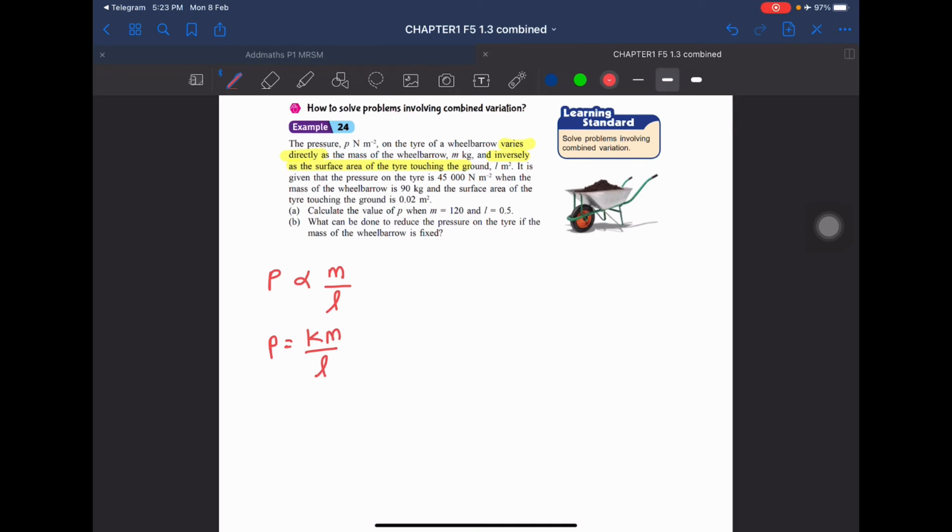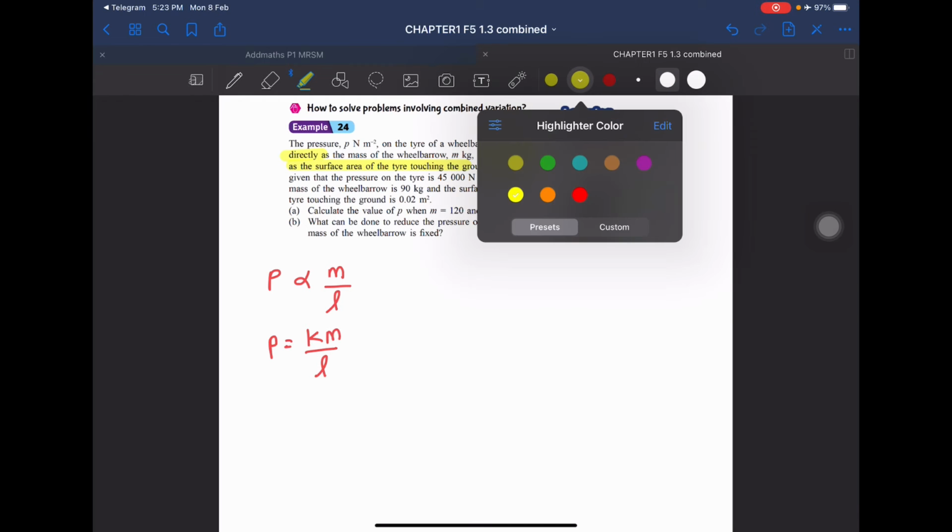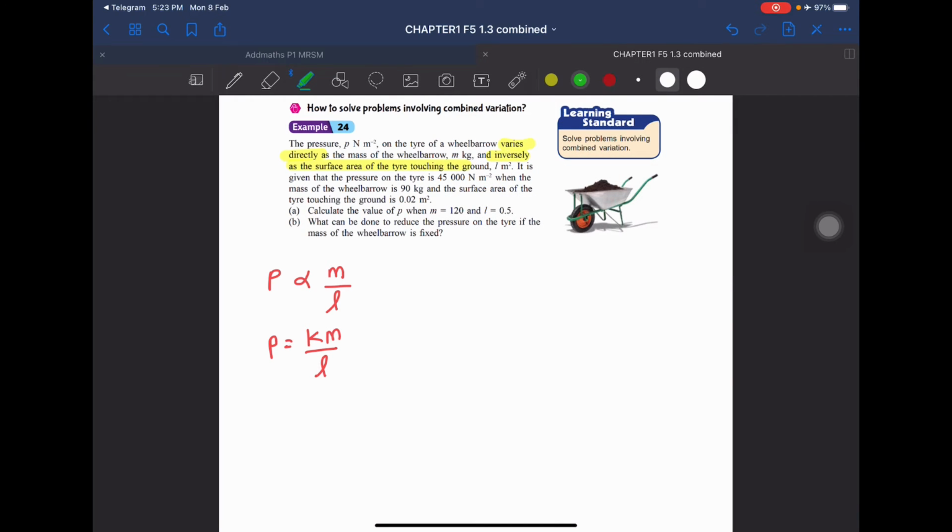So from the question, what is the value of P? 45,000 when the mass is 90 and the surface area is 0.02. So substitute these three values into this equation in order to get the value of k.